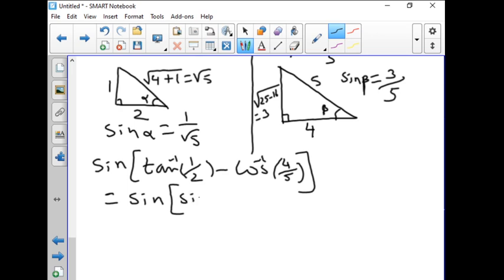Can write it as sin inverse of 1 by root 5 minus cos inverse of 4 by 5, we write it as sin inverse of 3 by 5.